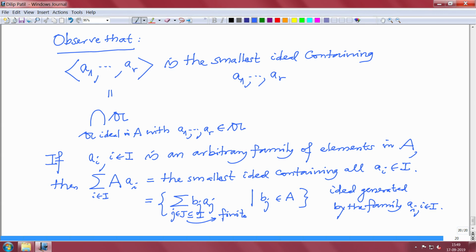Okay, so just to be a little bit more sure, when do you call an ideal a non-unit ideal? An ideal 𝔞 is called a non-unit ideal if 𝔞 is not the whole ring, then you call it a non-unit ideal. So, how do you check whether some ideal is a unit ideal or non-unit ideal?